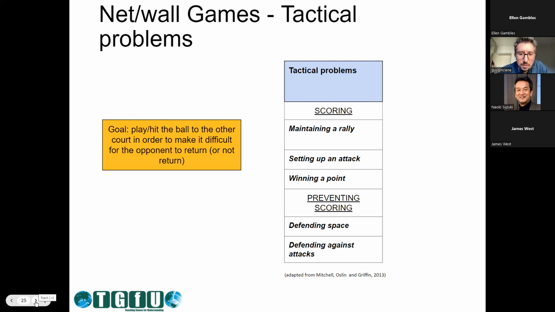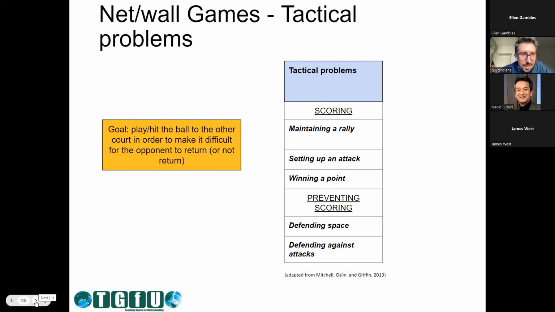First one is keeping the rally, maintaining the rally. That is making the game happen, passing the ball or shuttlecock to the opponent's court or space. This is the first tactical problem. The other one is setting up to attack or create space to attack, moving the opponent to find an empty space to win the point.